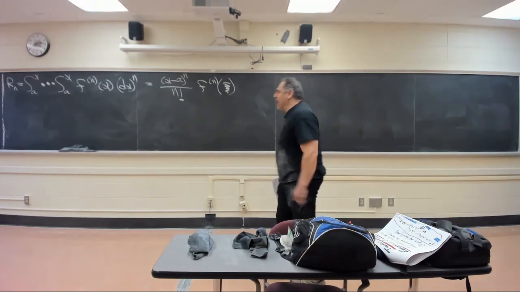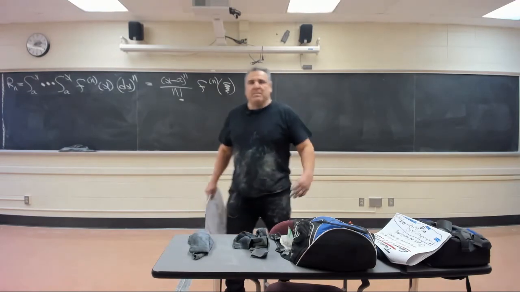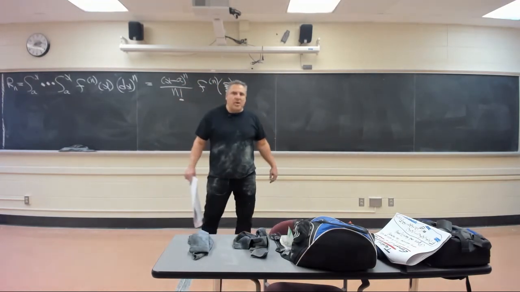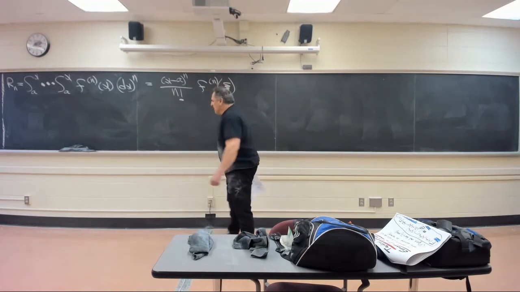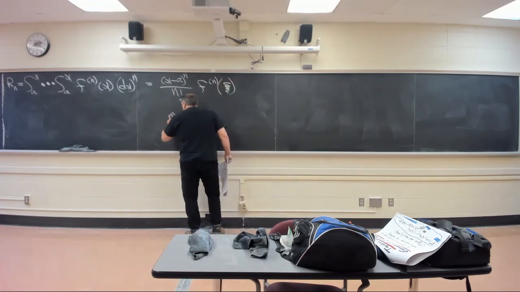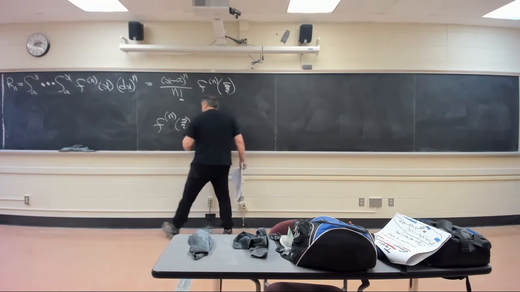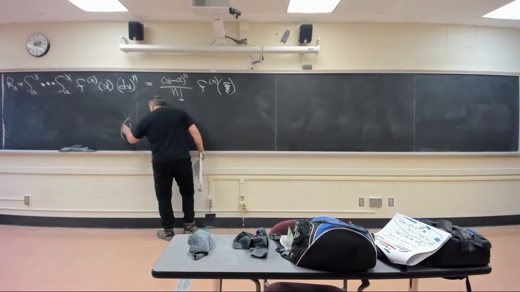Yeah, I know why. We did the mean value theorem on the first integral, and we got the nth derivative of f at xi times the length of the interval.